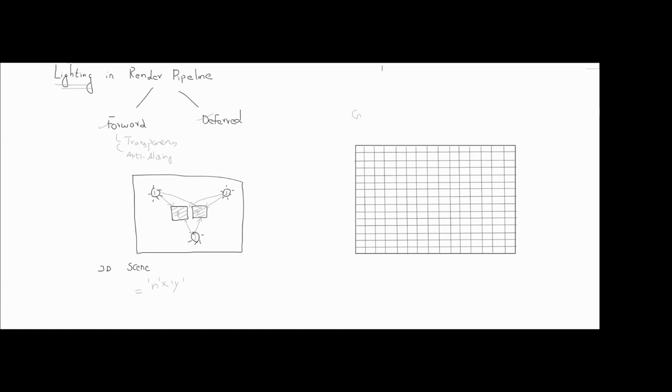The next strategy is the deferred strategy. It's actually quite the opposite of forward rendering. It first figures out what the scene looks like without any lighting, and then applies the lighting in a single efficient pass. Instead of drawing objects to the screen with their final colors, the GPU renders the scene's data into textures called the G buffer.